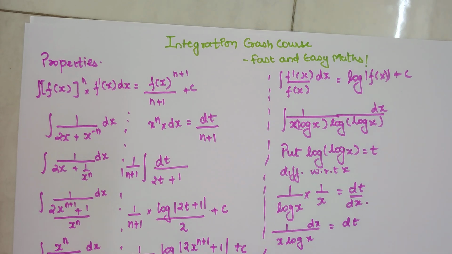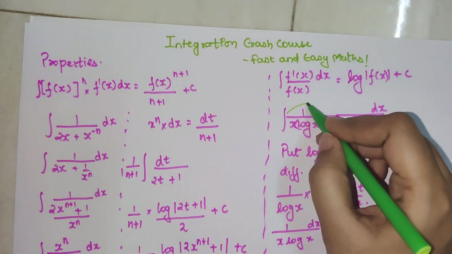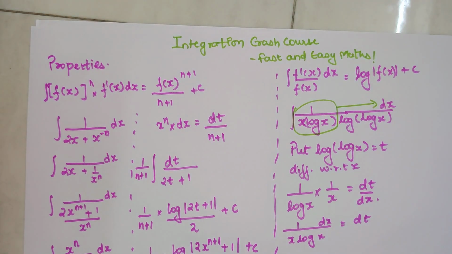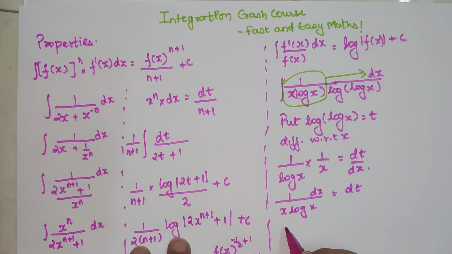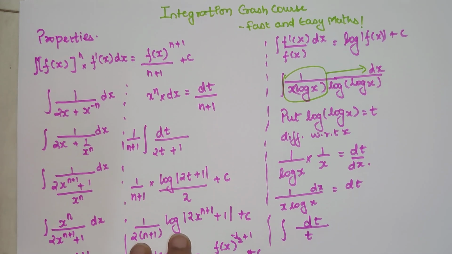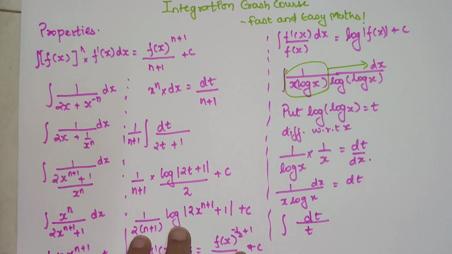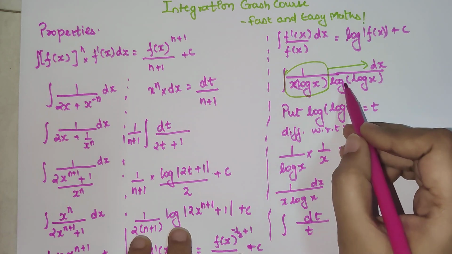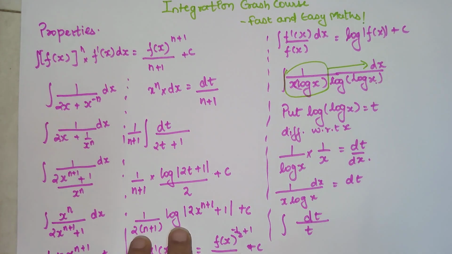Now if you look closely, a part of my question along with dx has now become dt, correct? So let's go back to your actual question, which was 1 upon t, because this was just t and this whole part became dt.